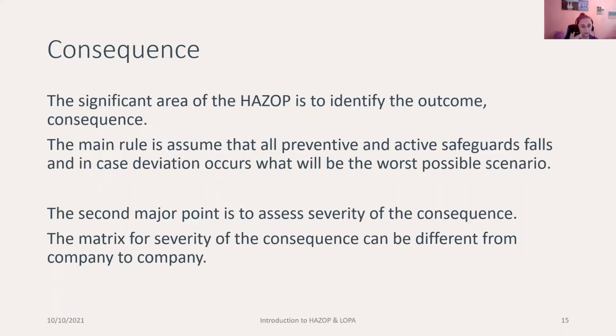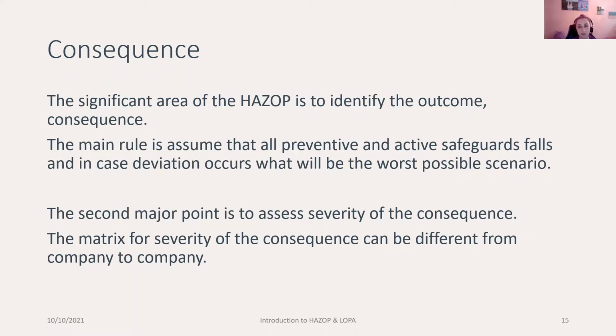So this is a really, really significant area of the HAZOP, because the main rule here is that you are assessing this assuming that you have no safeguards in place. So you have more flow, it's overfilling your tank, your vessel, and what will be the worst possible scenario?